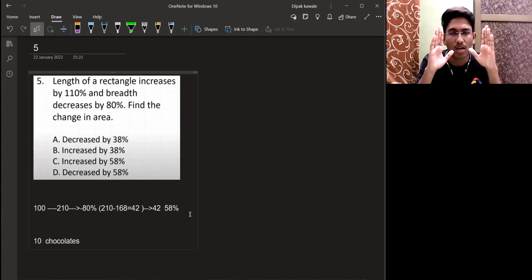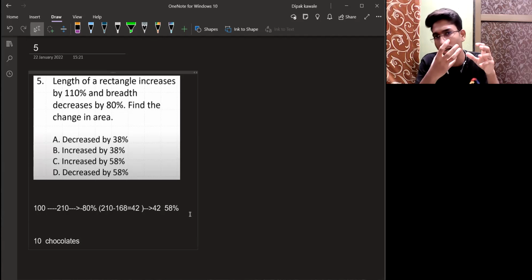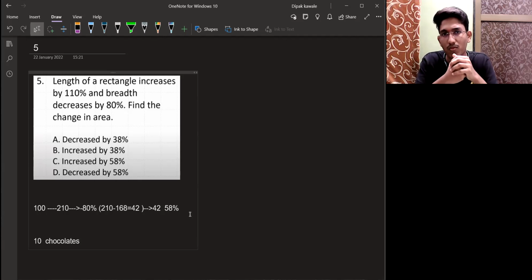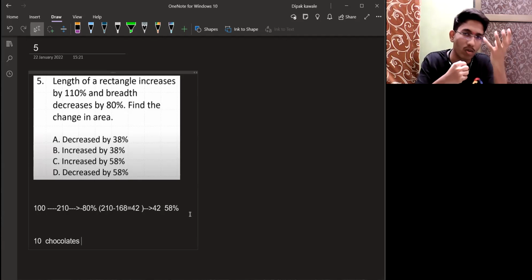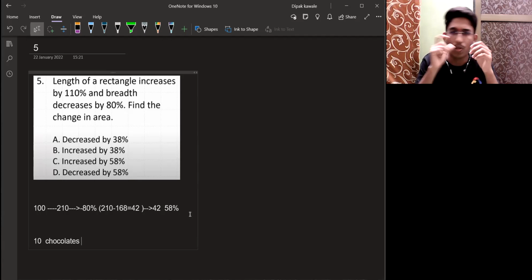Tell me, am I right or not? If I am losing 80%, that means from my initial value I am having only 20%. So can I do only 20% of that value?